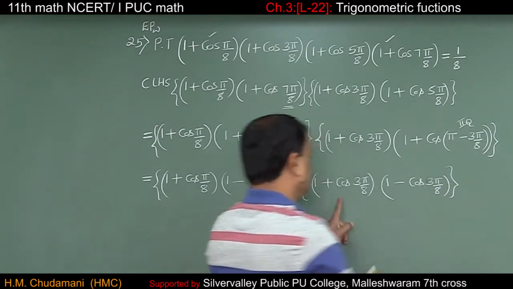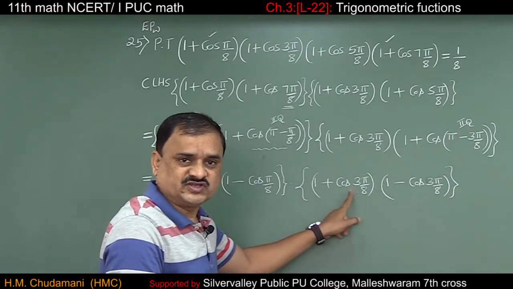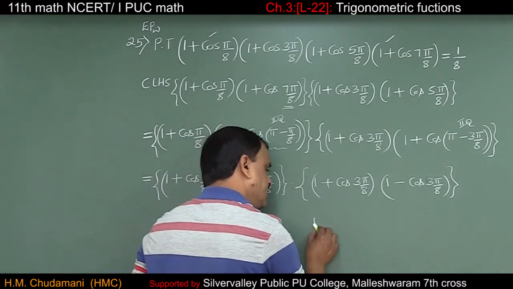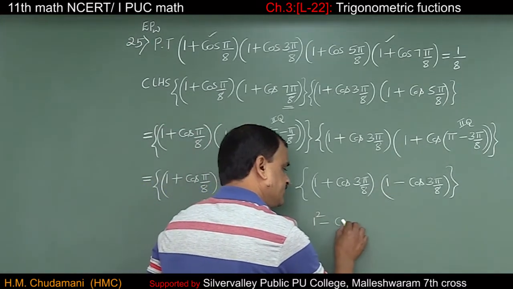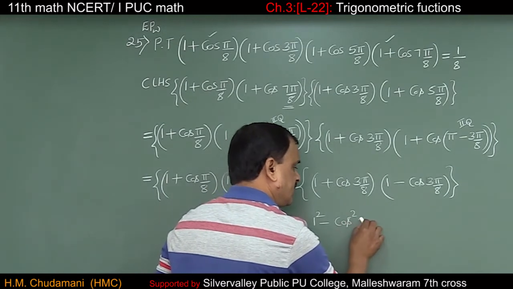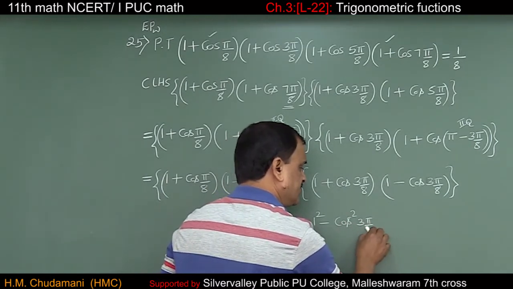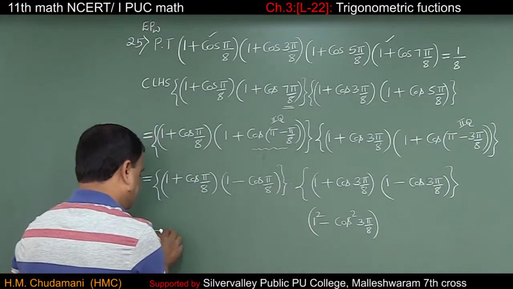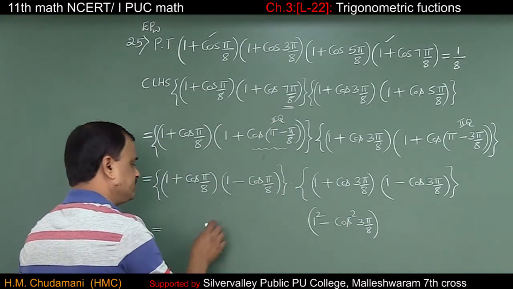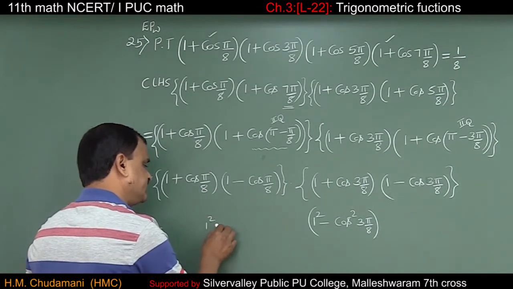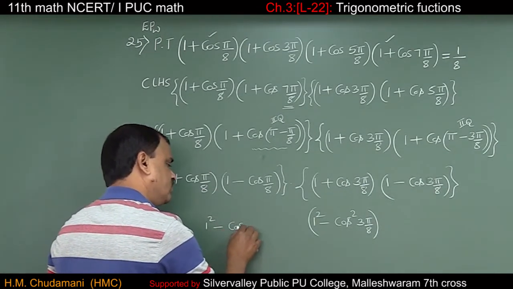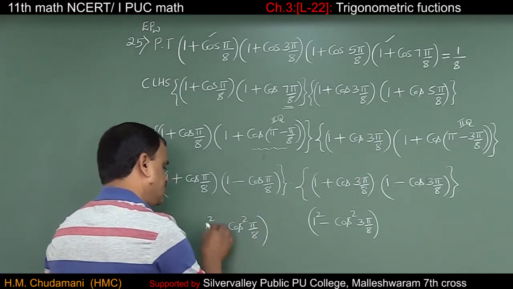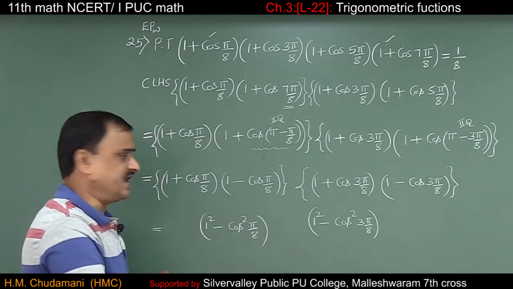Okay. So, 1 plus cos theta into 1 minus cos theta means a plus b into a minus b, which is 1 minus cos square 3 pi by 8. Again this is of the form a square minus b square, so 1 minus cos square pi by 8.